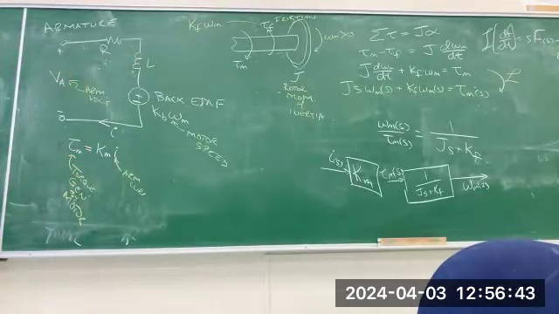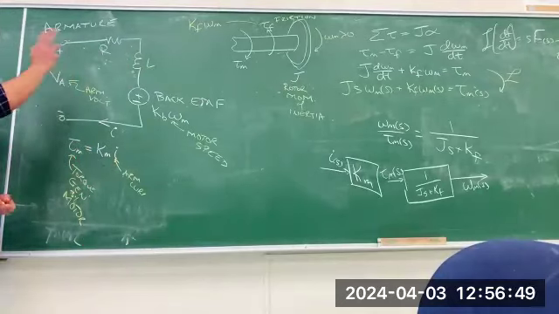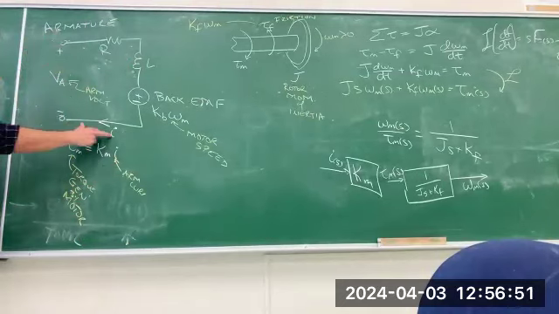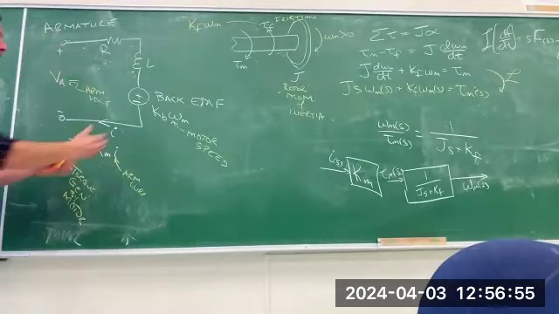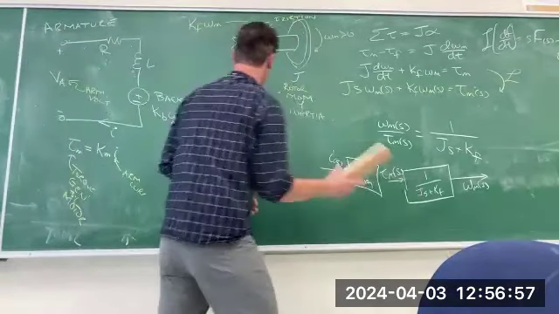Where does I come from? Good. We need to do circuit analysis. We need to do KVL or Ohm's law or however you like to get I from VA. So where can we fit that? I'm going to squeeze it in right here.